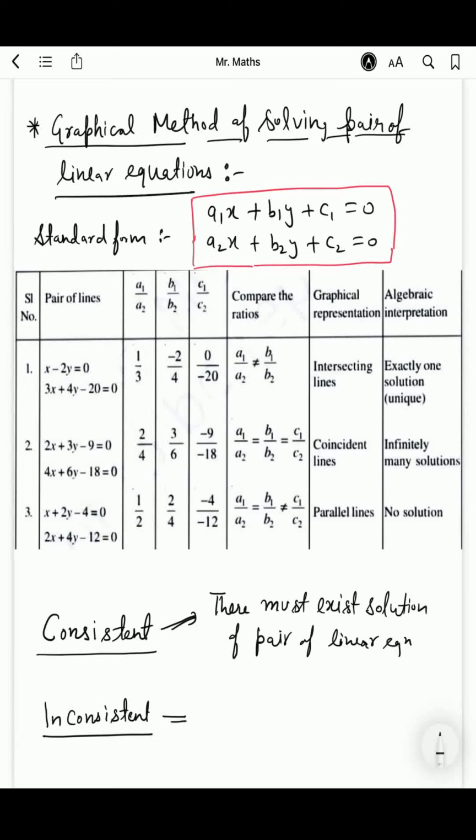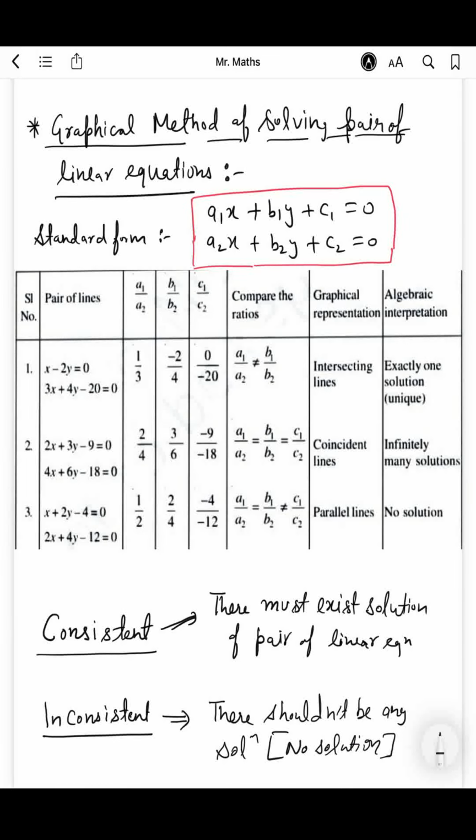But for being inconsistent, there should not be any solution. Or we can say it is a case of no solution.